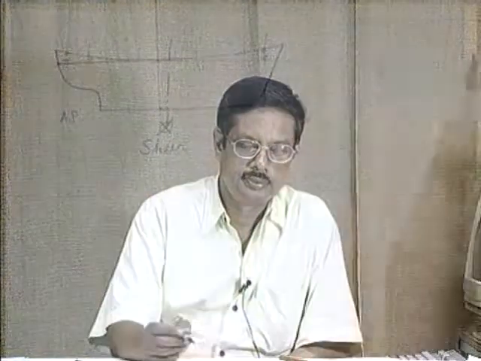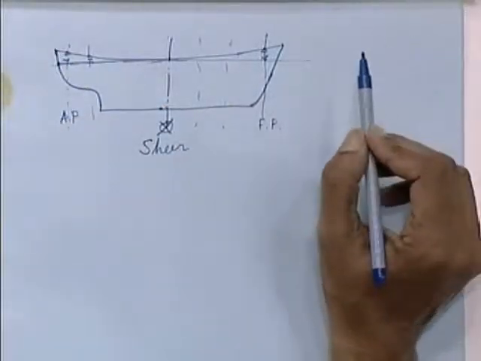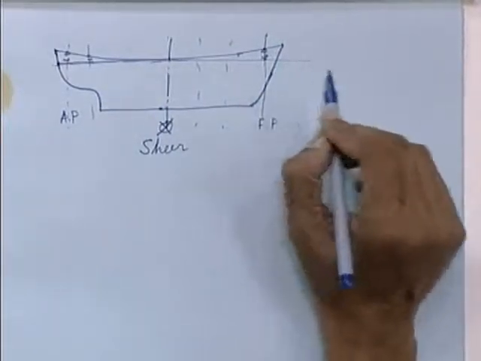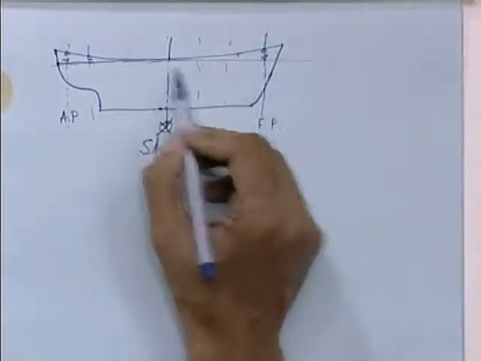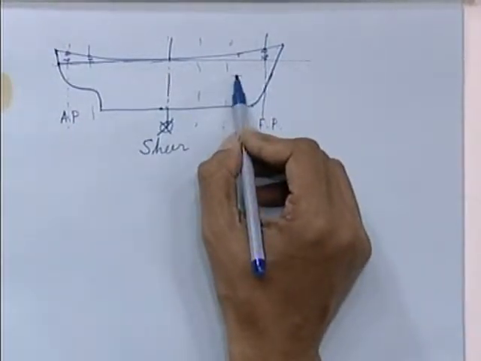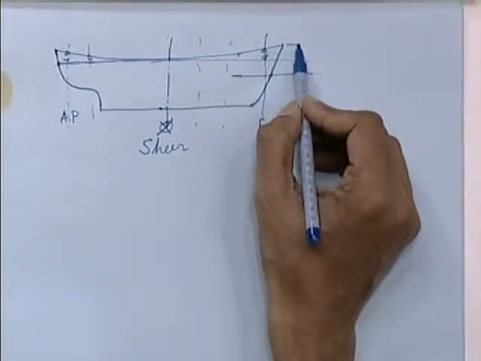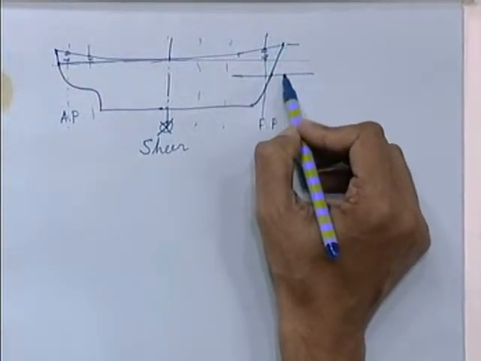This shear, there is a requirement, there is a reason behind giving a shear to the deck. One is to increase the internal volume, that is the first reason, and second reason is that when the ship sails, there is a particular elevation from the deck at the forward end is given.